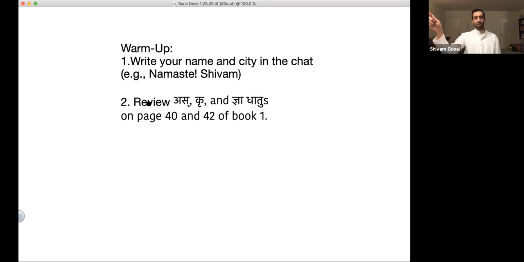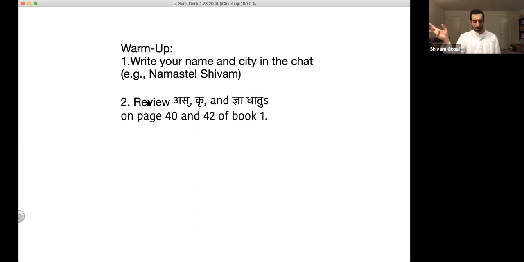Then the next corner, kurvanti. Then the bottom left corner, karomi. And the bottom right corner, kurmaha. Okay, so that's parasmaipada. And then we look at atmanepadani. So kurute, then kurvate, then kurve, and kurmahe.